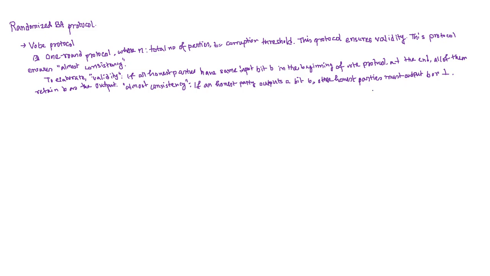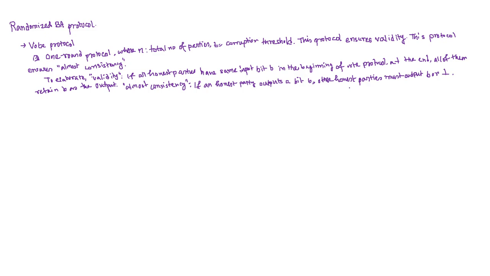If all honest parties must output B, that would have been a completely consistent protocol. But since if one honest party outputs bit B, another honest party must output either B or bot, it is almost consistent.